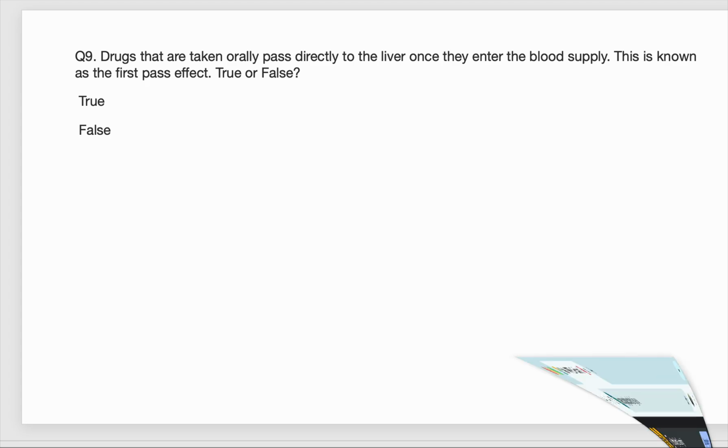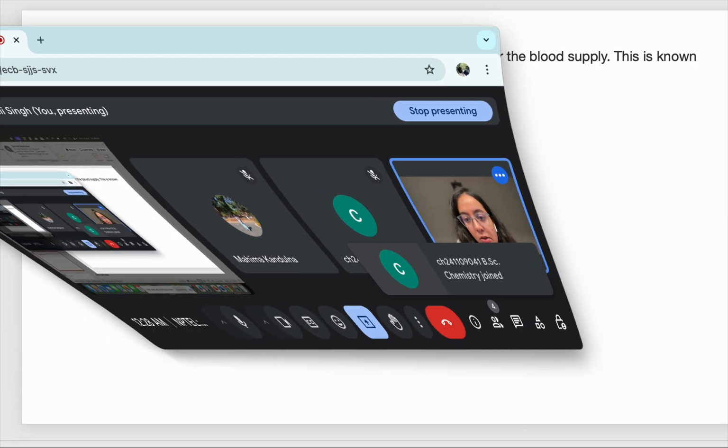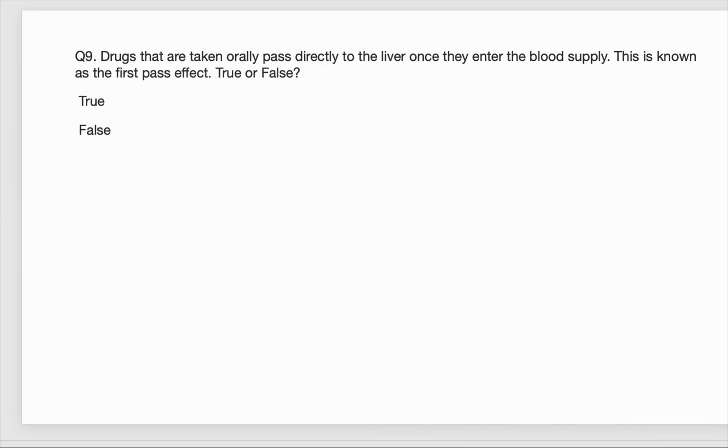Yes. So the liver is the main place of metabolism. This is where most of the metabolism takes place. Metabolism takes place in the stomach as well.